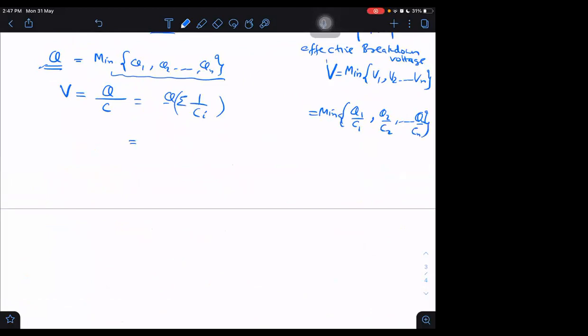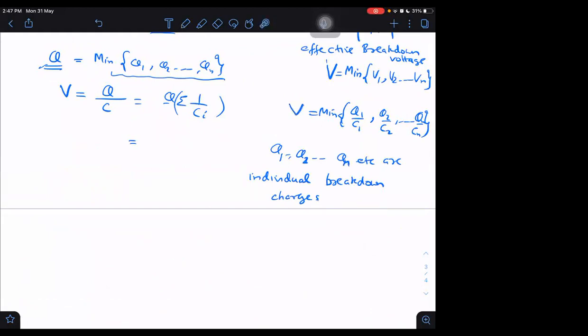And what are Q1, Q2, Qn? They are individual breakdown charges. These are individual charges which the capacitors have the capacity to take. After that, they can get damaged.